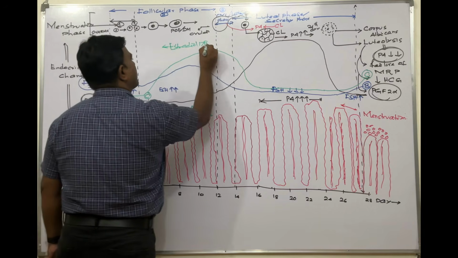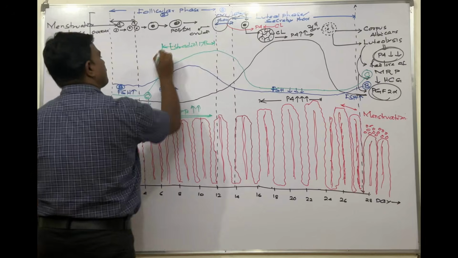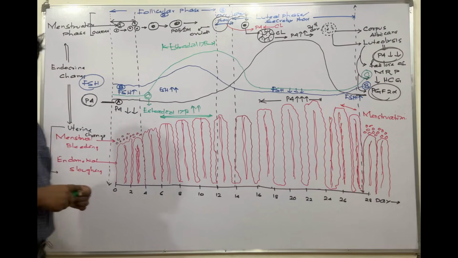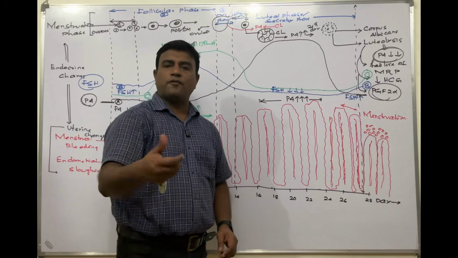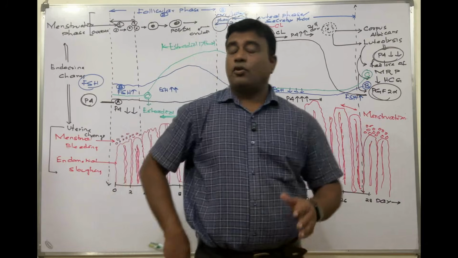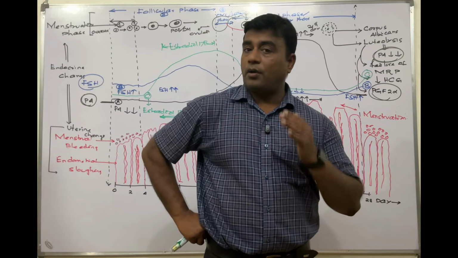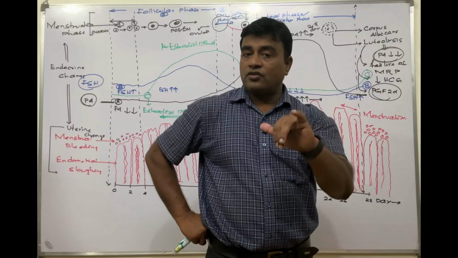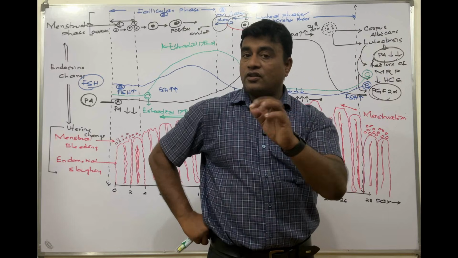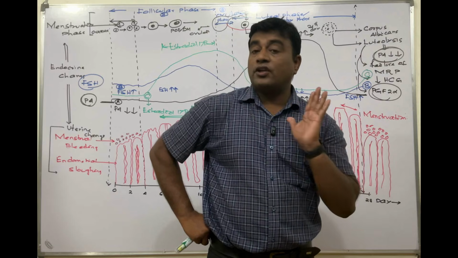So much peaking is because of formation of the dominant follicle, and granulosa cells have already developed LH receptors. For your information, granulosa cells show 1500 to 2000 FSH receptors. But at the terminal part, when ovulation is going to begin, the FSH receptors decrease to 1000 to 1200.